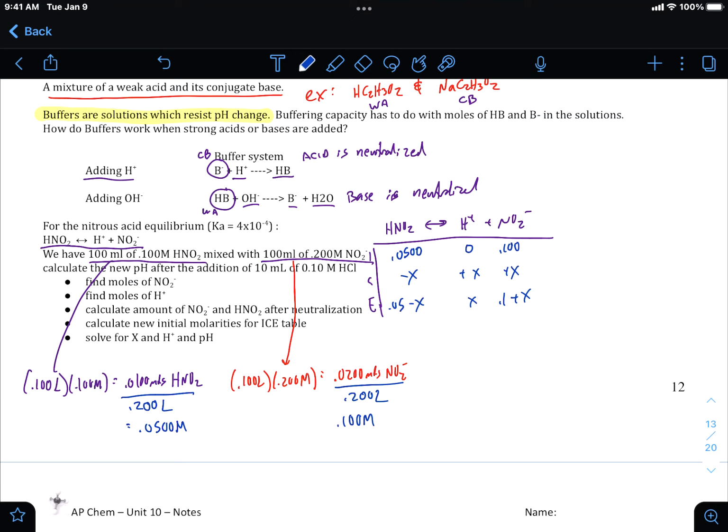And then we have the Ka value, which is given to us. This is our setup. Let's go ahead and solve.